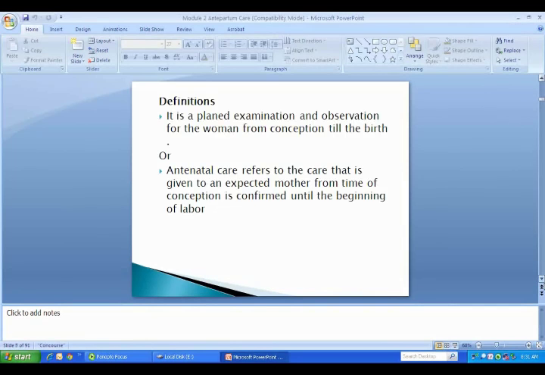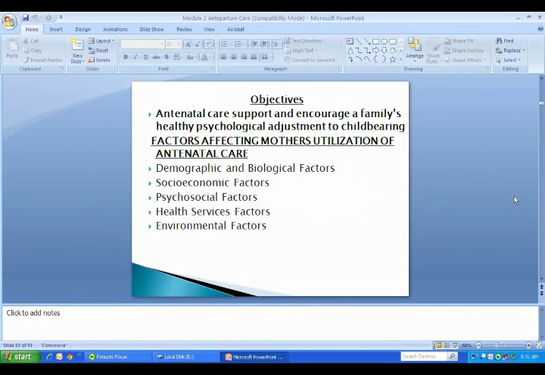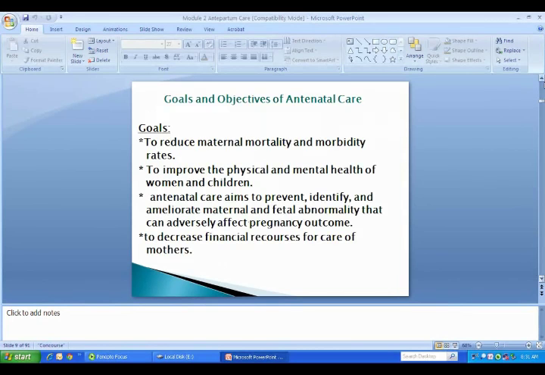On our initial visit, what are our goals in providing antenatal care?